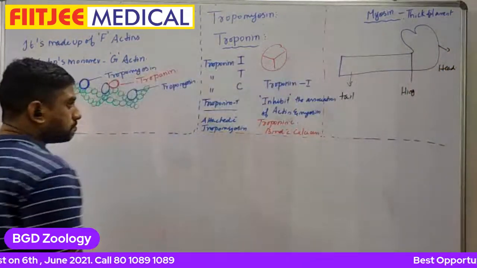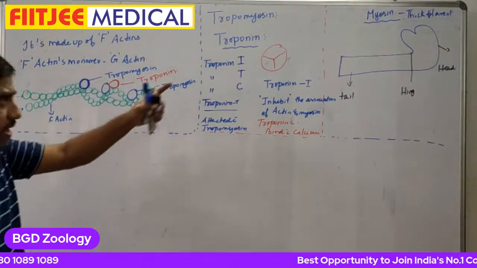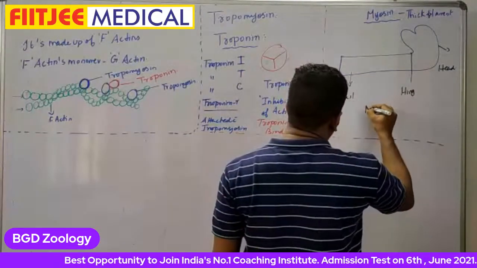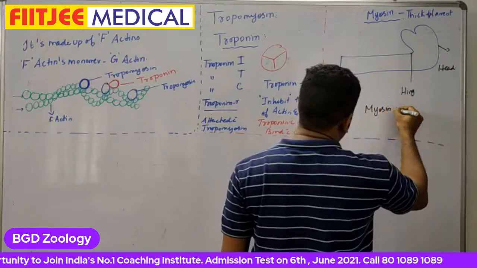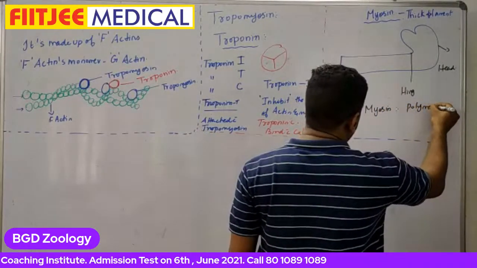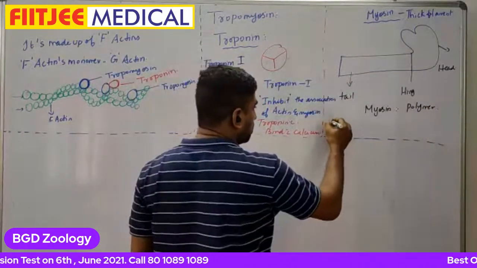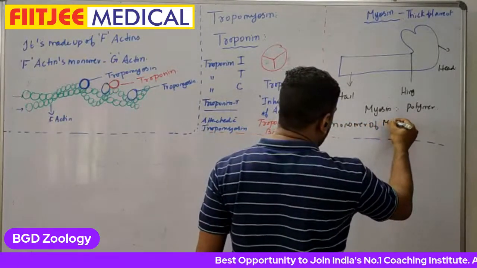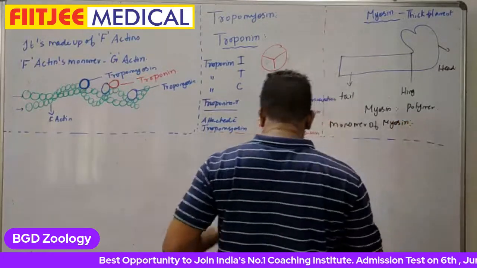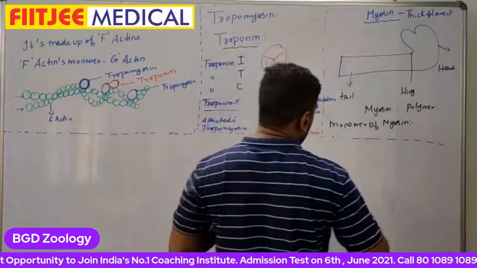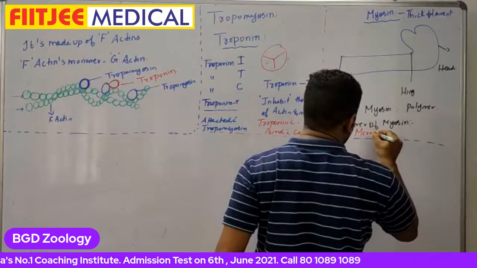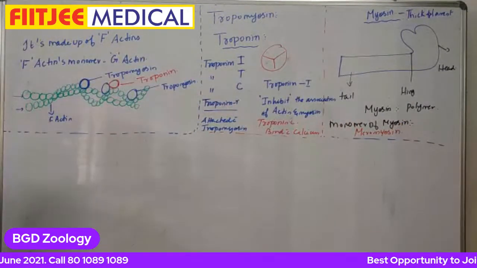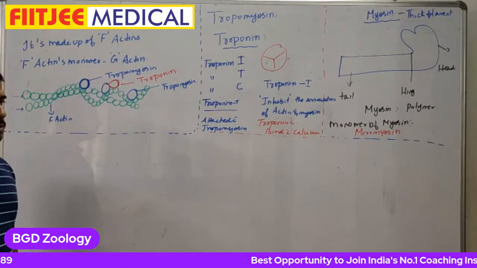Right. Similar to actin, where we talk about F actin, myosin is a polymer only. What is the monomer of myosin? The monomer of myosin is called meromyosin. So that's clear.